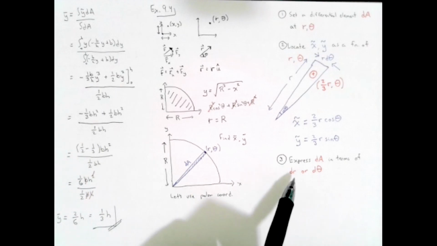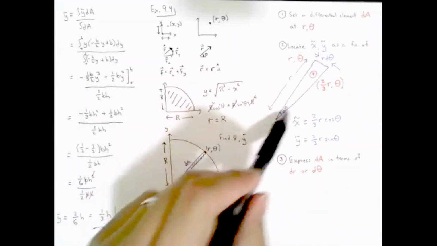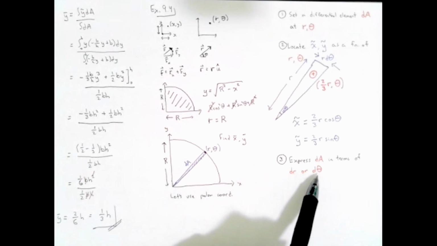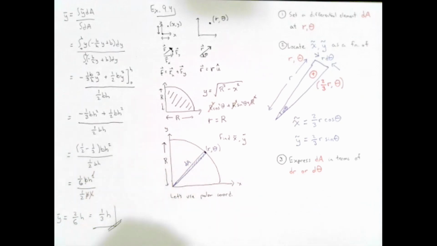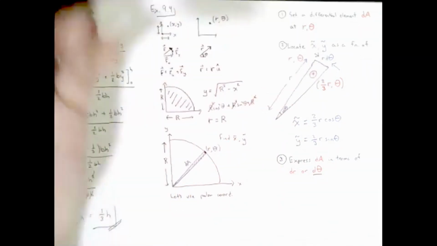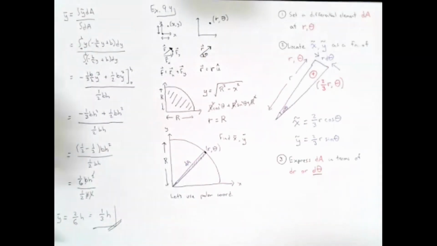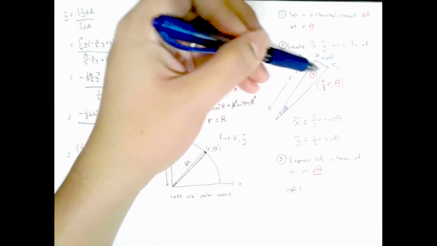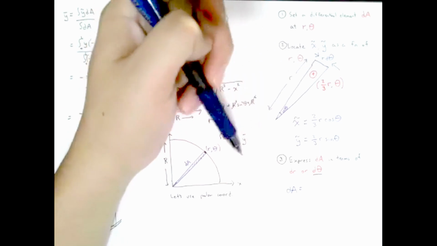In this case, based on this differential element, would we use dr or d theta as our integration? D theta. Yeah, d theta. So we want to express our area dA in terms of d theta. Now, of course, this is a triangle. The area of a triangle, dA, is simply equal to 1/2 base times height.